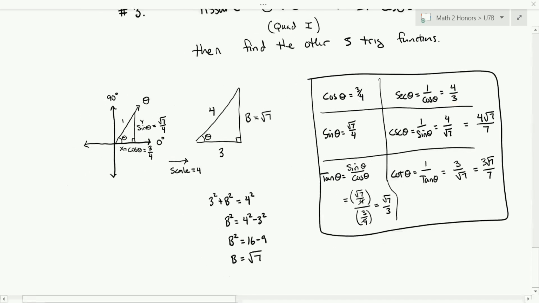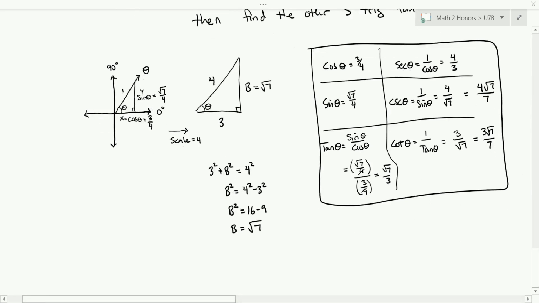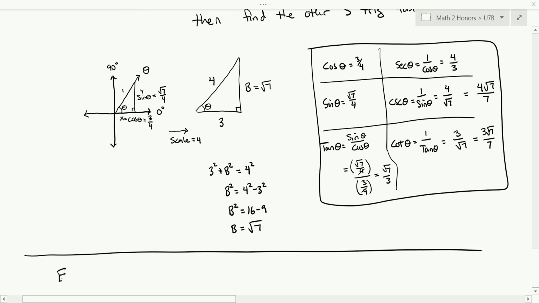Okay, so then number 4, or example 4. I'm going to start the same way. I'm going to say assume theta is between 0 and 90 degrees.